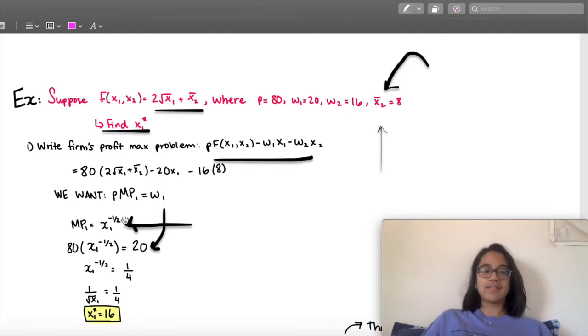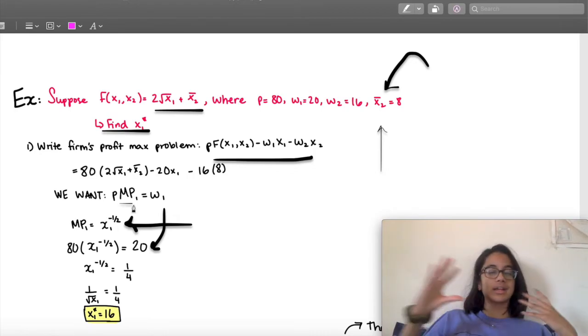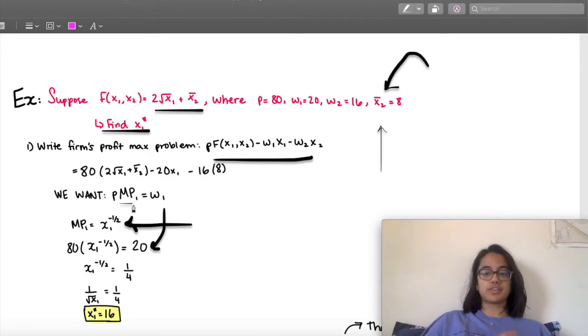Now we have everything. We can just do 80 times our MP, price times MP, is equal to our wage, which is 20 for good one. Always remember which good you're talking about, because it can create problems in an exam. Okay, simple math now. Divide by 80 on both sides, and you get x to the power of -1/2 is equal to 1/4.